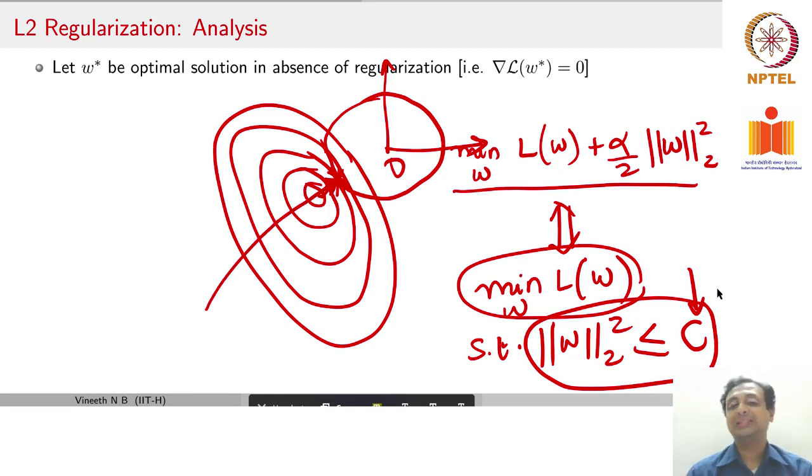this one, which is a minimum for both the loss and lies within the C norm ball, which is what you're trying to do. So when you have your L2 norm, your norm ball is going to look like a sphere, and you intersect with the error surface and you get a certain solution.